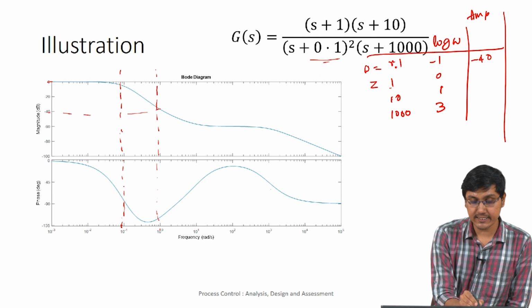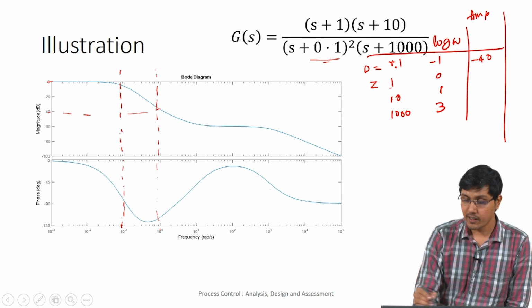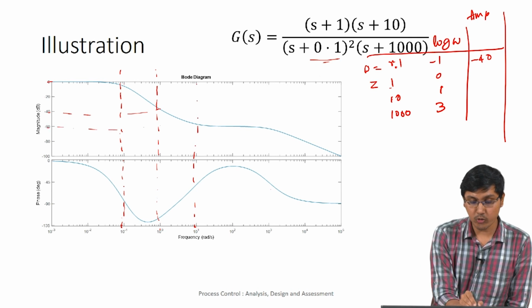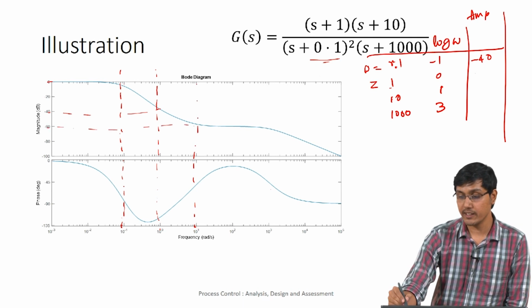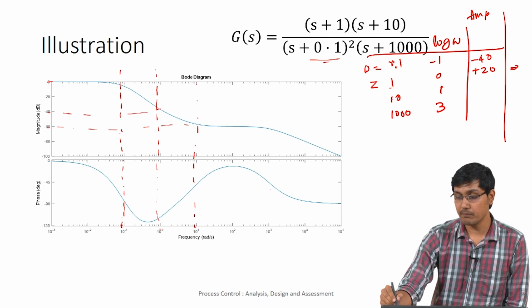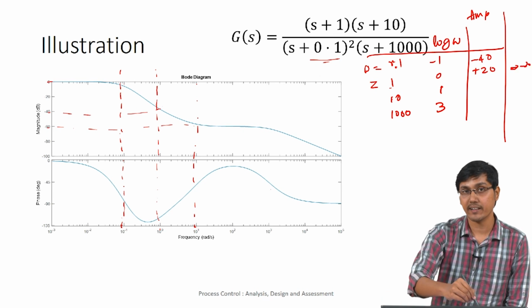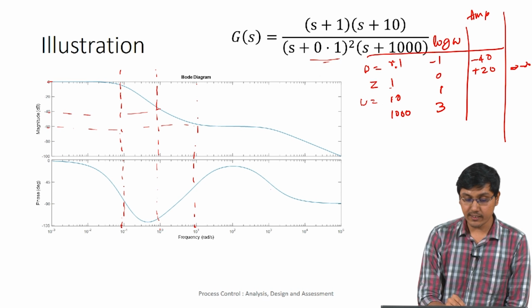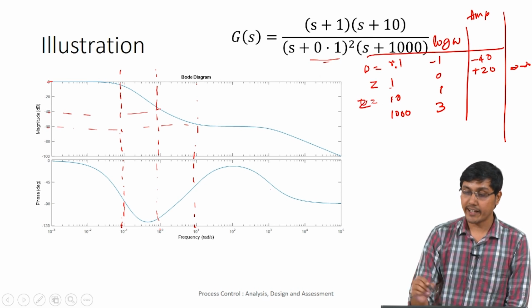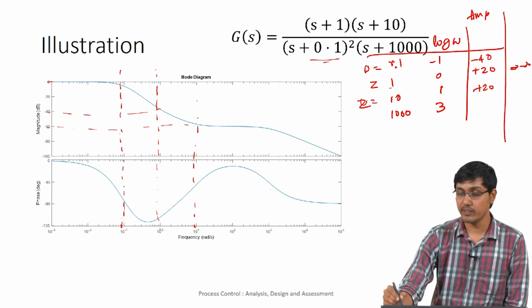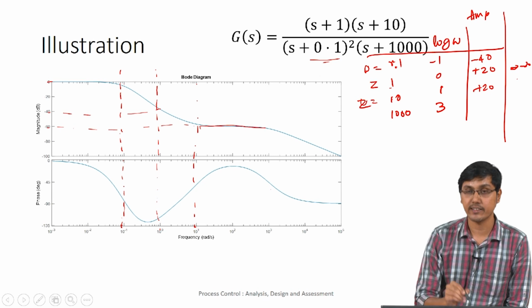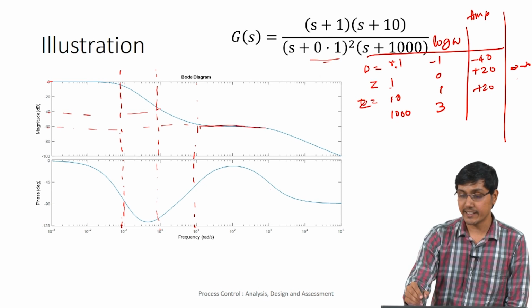Now this kind of flattens out. Until omega equal to 10, only a 20 dB fall is there, because minus 40 plus 20, so in this range it is minus 20 dB per decade. It still falls, but at the rate of minus 20 dB per decade. Then at omega equal to 10 there is again a zero, so again plus 20 dB is added and the slope becomes 0, a horizontal line, until we go to 1000, which is a pole.